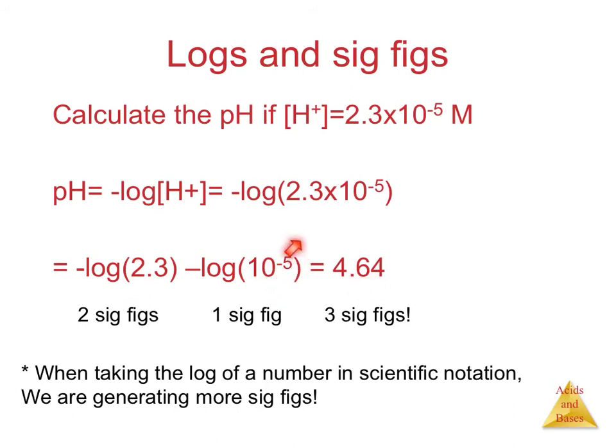My coefficient gives me my number before the decimal place happens. So if I look at it this way, in doing the math for the logs, I actually create an additional significant figure. I go from this number, which has two significant figures, and because of this placeholder exponent, I wind up with a number that has three significant figures in it.